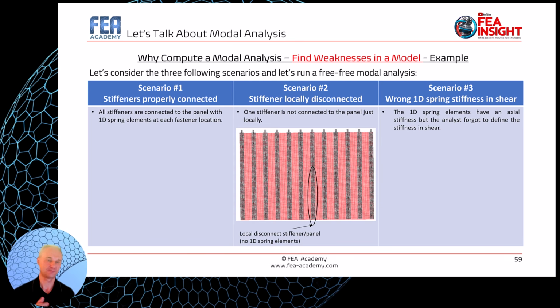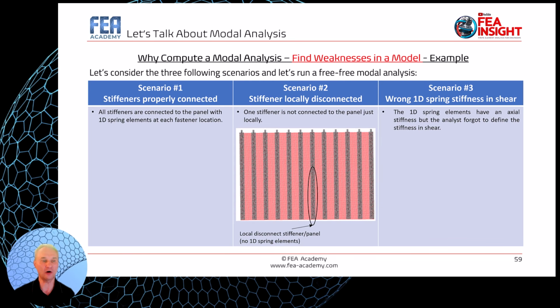The third scenario is the same panel, but in this case, all the stiffeners are properly attached with the 1D spring elements, but I made a mistake when I defined the stiffnesses of the 1D spring elements. I forgot to define the stiffness in shear. I defined only the stiffness in the axial direction of the 1D spring elements.